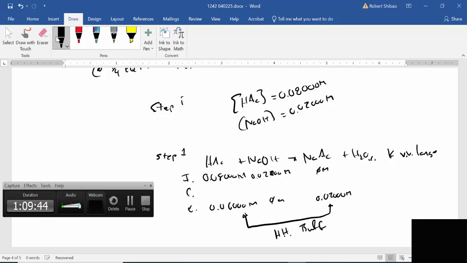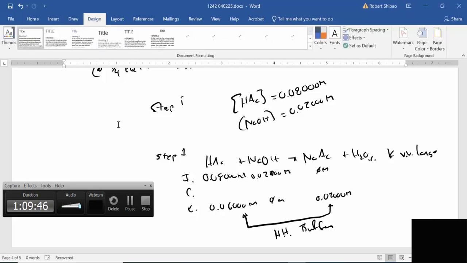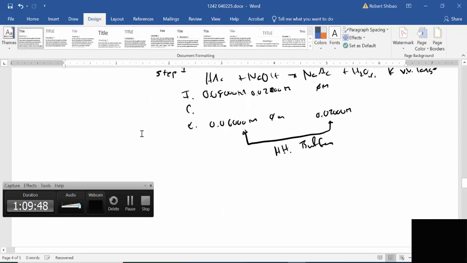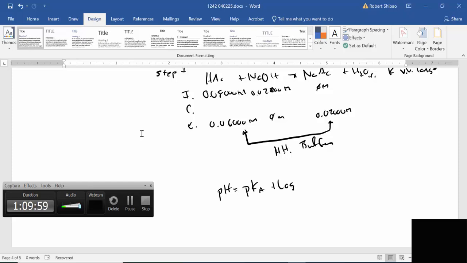So for step 2, it's pretty easy. What do we use? We use the Henderson-Hasselbalch equation. The pH depends on the pKa, which is a constant, plus the log of this ratio. The ratio is going to be the ratio of acetate, or sodium acetate, the base, over the acid. And I don't have to make up an ice table because these are the initials for step 2.